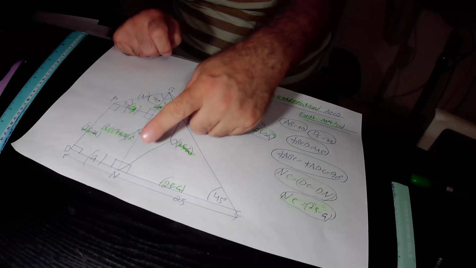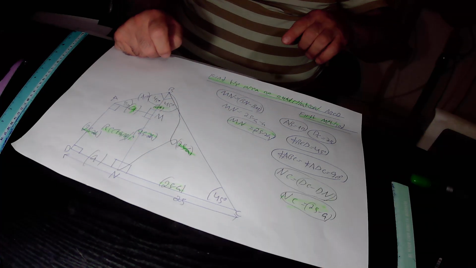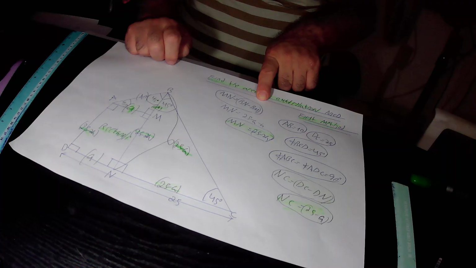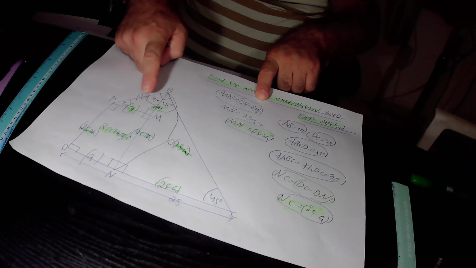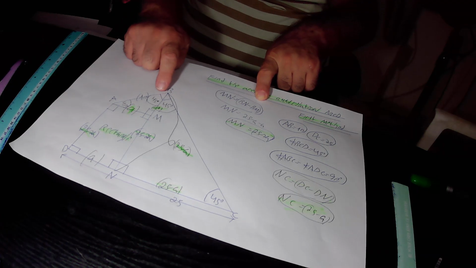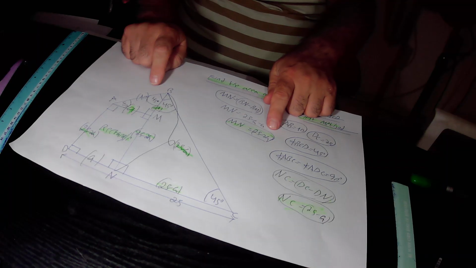What is the length of this missing line MN? MN equals BN minus BM. So MN equals in total BN, that is 25 minus a, minus BM, that is a. So in total, MN equals 25 minus a minus a, that is 25 minus 2a.